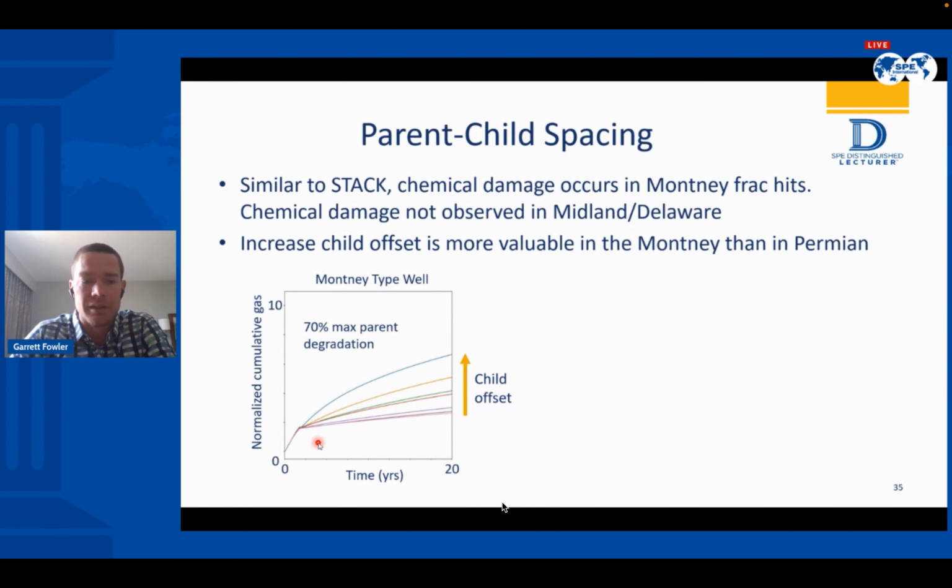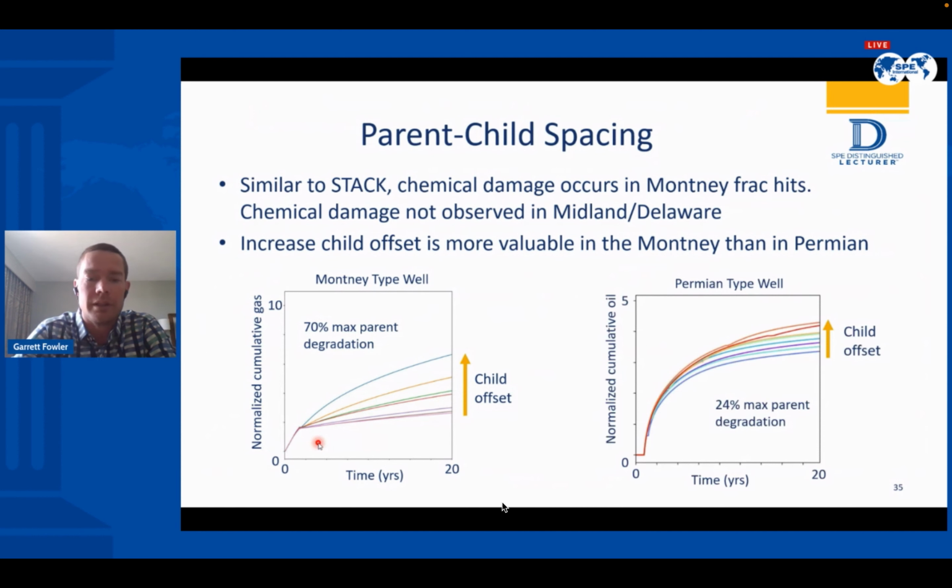However, this is not consistent in all basins. So what I'm showing here is the degree of degradation as a function of well spacing in the Permian versus the Montney, and the Montney forms similar to the Stack where the last example came from. And so understanding how these different basins are interacting in this child interaction with the parent and degree of degradation allows us to optimize.